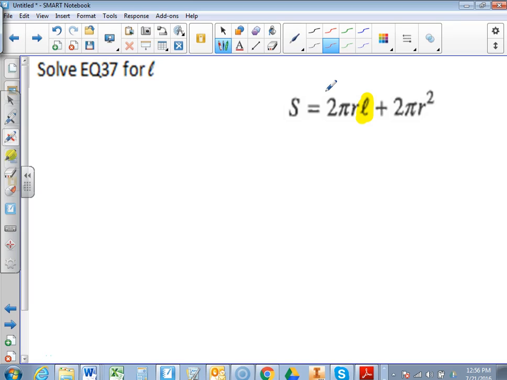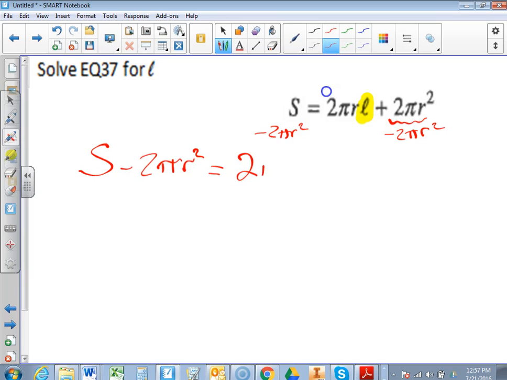So, the first thing I got to do is subtract that from both sides. So I'm going to rewrite it over here. I got S. Now I'm subtracting 2 pi r squared from both sides. So that means S minus 2 pi r squared equals 2 pi r L.